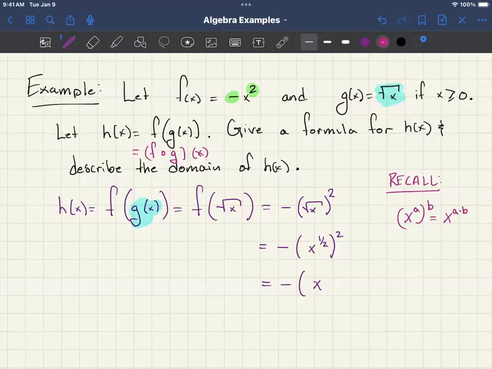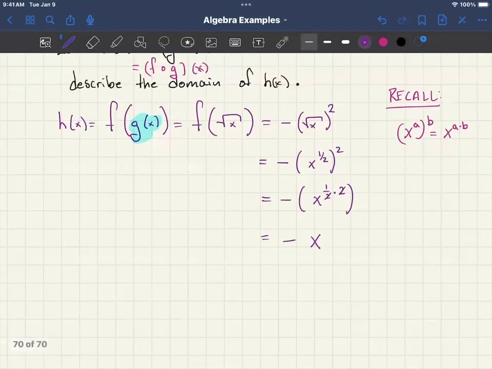So our exponents are actually multiplied. So this is 1/2 times 2, and our 2's will cancel, which gives us a negative x to the first power. So when we put this all together for our formula, h of x actually spits out negative x as an outcome.